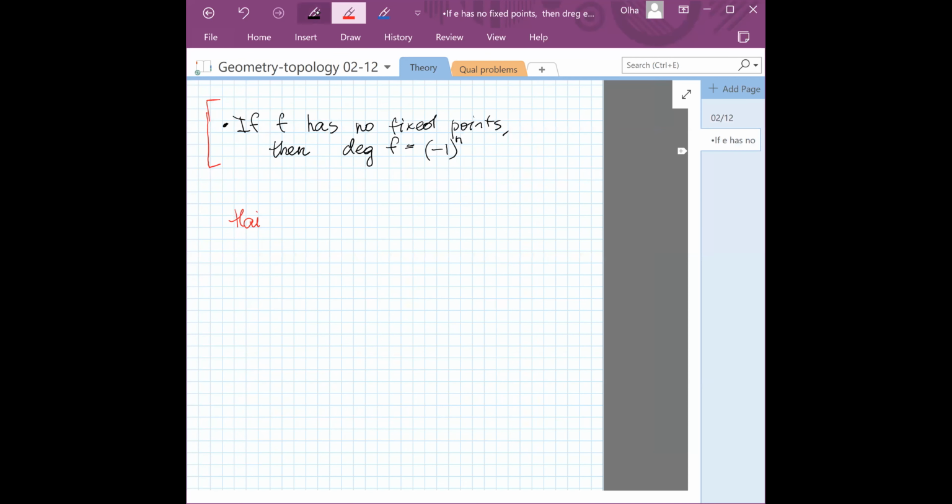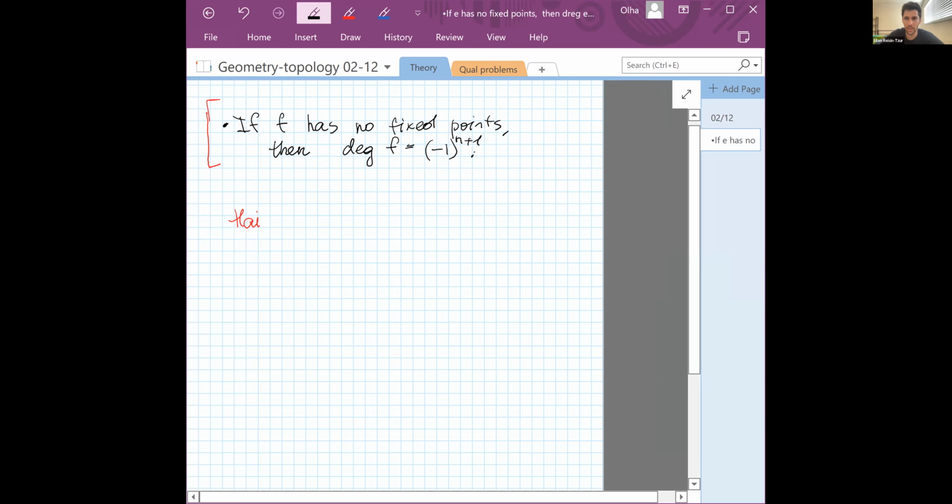Yeah, that's definitely what I meant. Thank you. One way to remember what the power should be is to use the reflection property. The reflection is -1, and you have n+1 coordinates because S^n sits inside of R^(n+1). So using that property, you can remember if it should be n or n+1. Yeah, right.